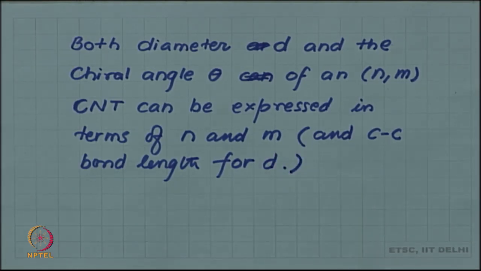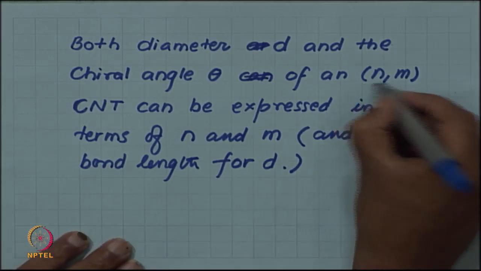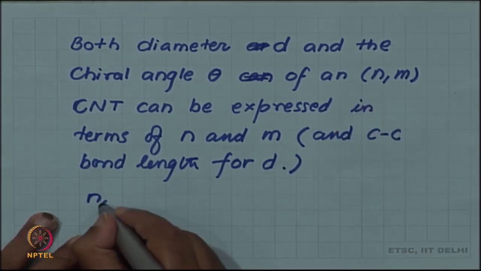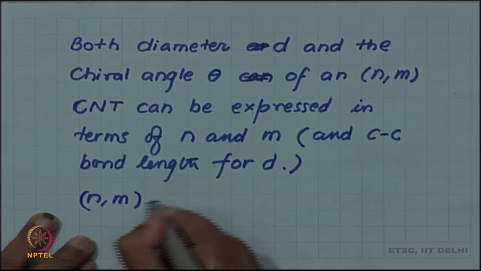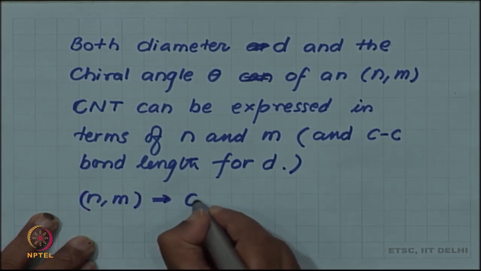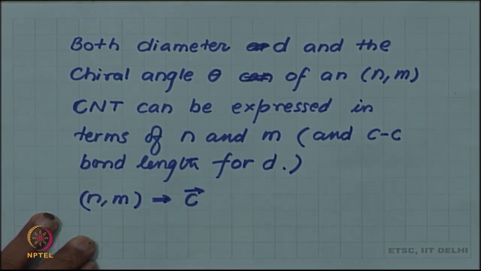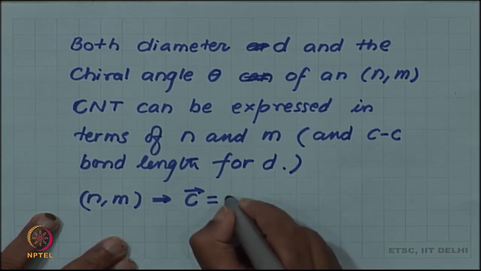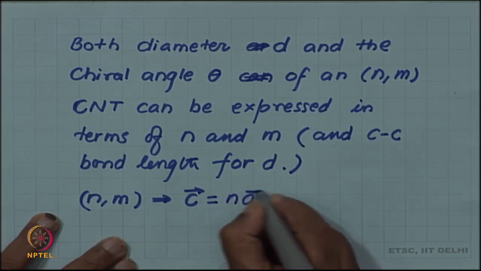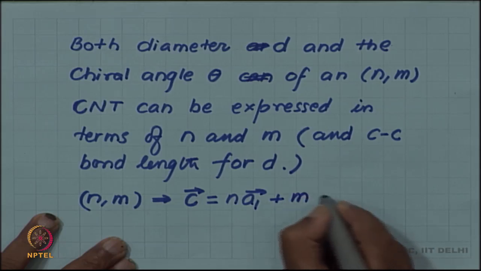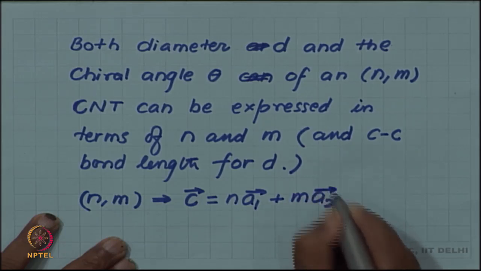This is an interesting geometrical exercise which I want to leave as homework for you, because you can see that once n,m defines the circumferential vector C, because C is nothing but n times A1 plus m times A2.